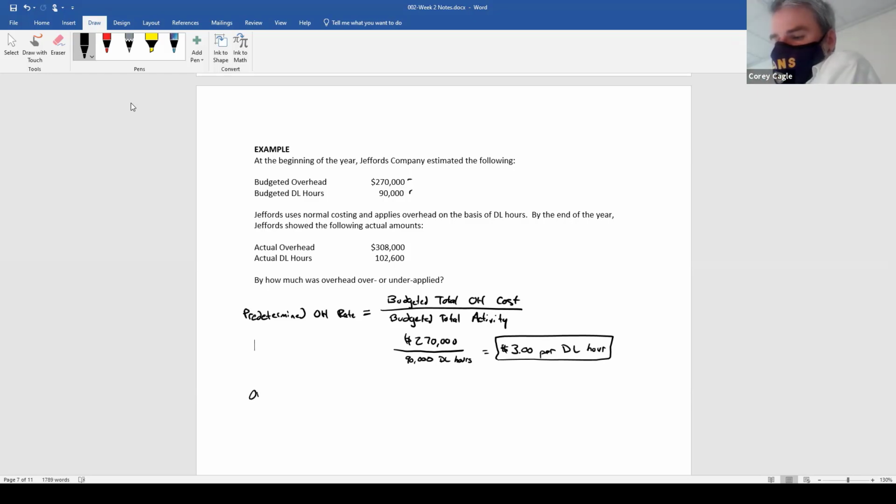So overhead applied is actual activity times predetermined overhead rate. So actual hours, 102,600 of them.